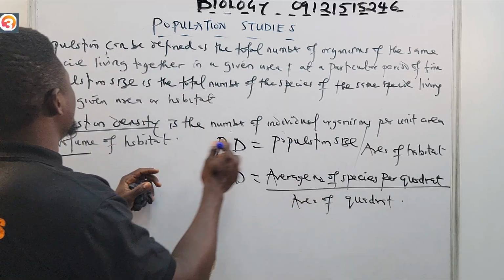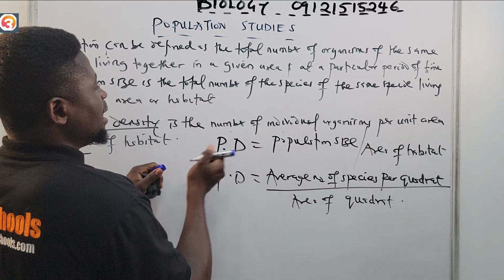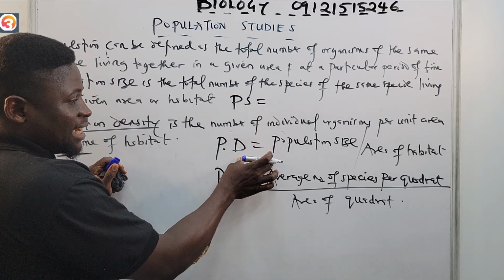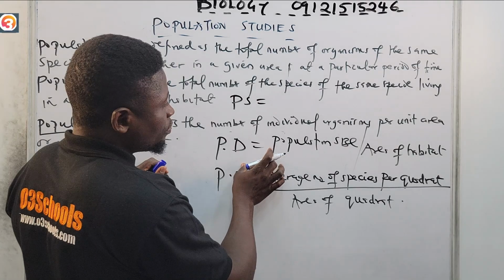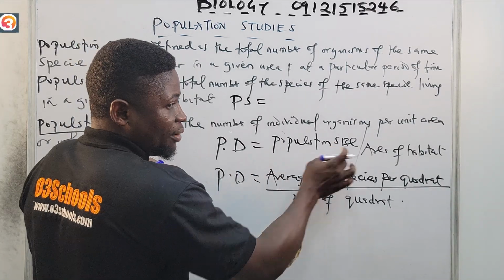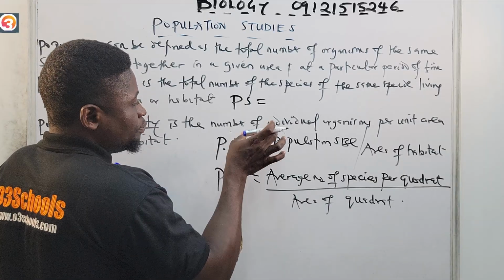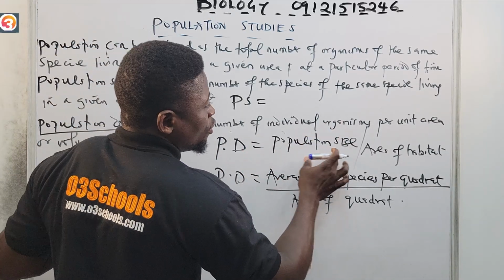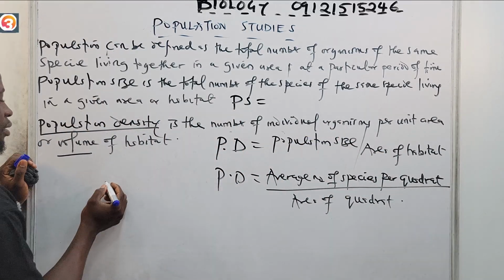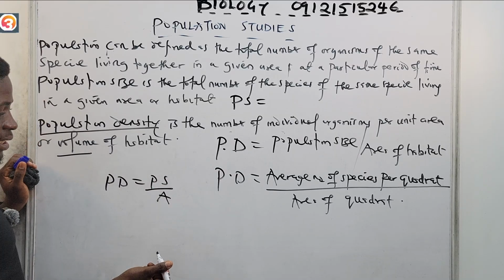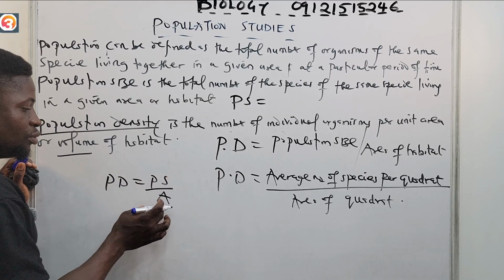That means that population size here, let me use PS as population size, will be equal to what now? We only need to cross multiply and change the subject of the formula. Since we know that population density is population size over area of habitat, PD is PS over area. So if we want to find PS, just cross multiply.